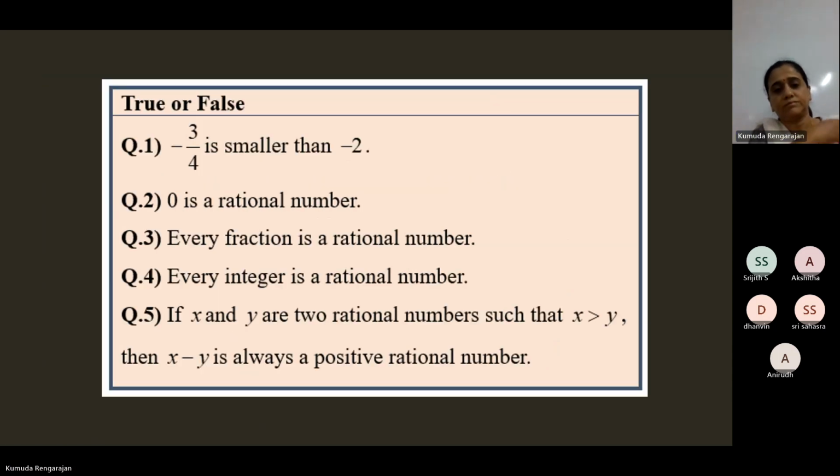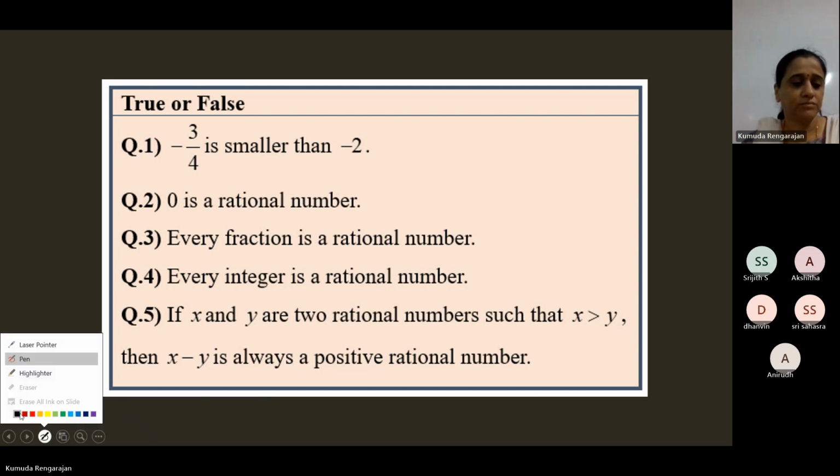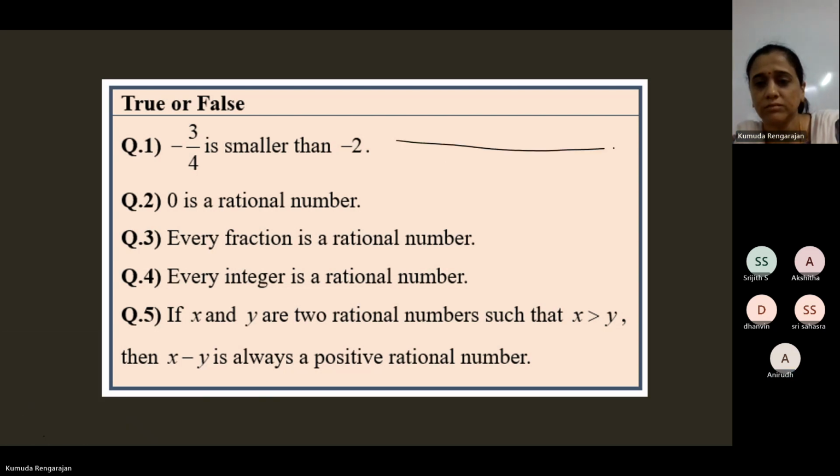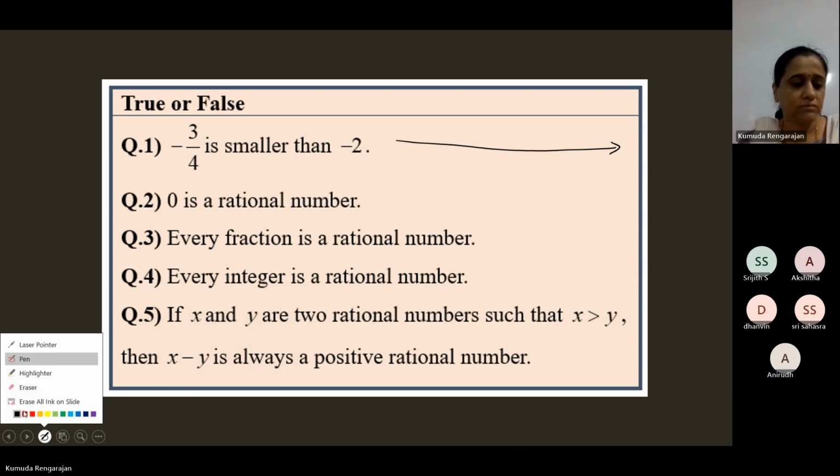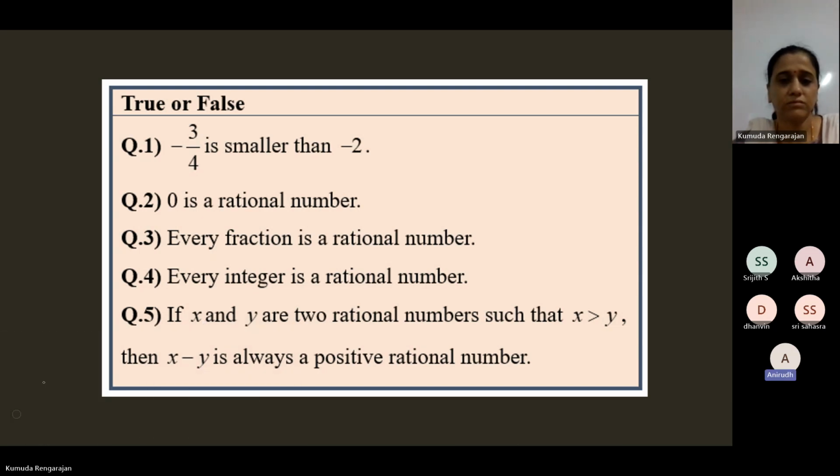Minus 3 by 4 is smaller than minus 2. Minus 3 by 4.